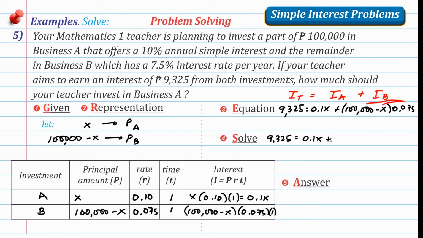Now, that will be very easy. It's 7,500. Buti na lang, sakto, 100,000. Minus 0.075x. Of course, we distribute that part. Simplifying further, we have 9,325.